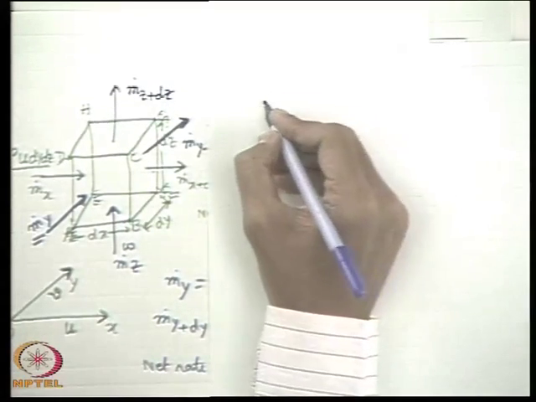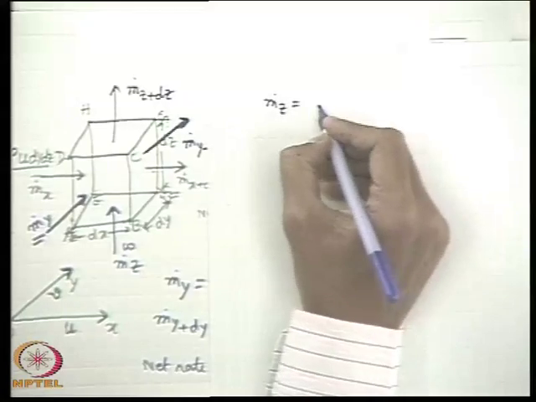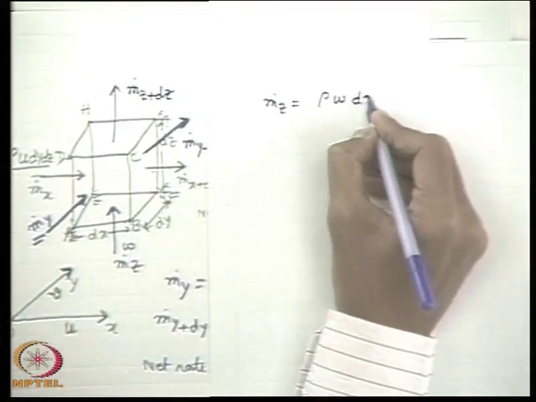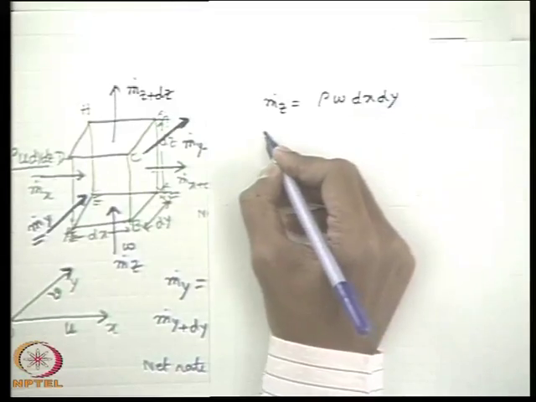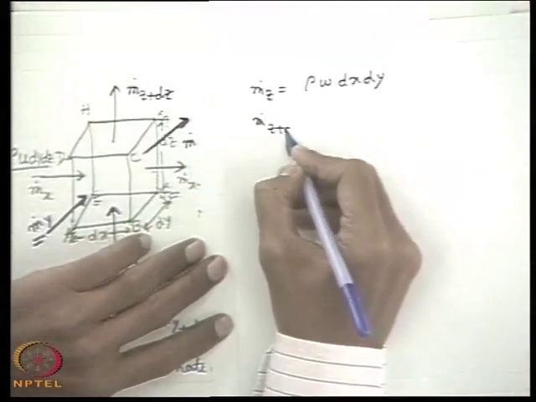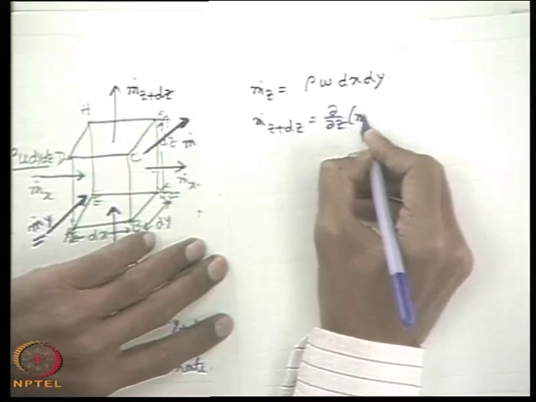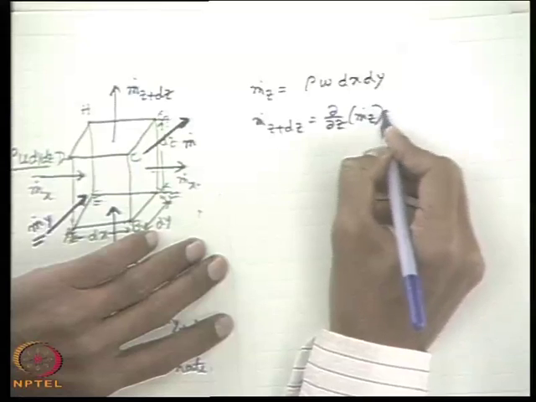And in the similar way, we can write m dot z is rho w dx dy, the area of this plane. And similarly, m dot z plus dz is m dot z plus del z of m dot z dz.